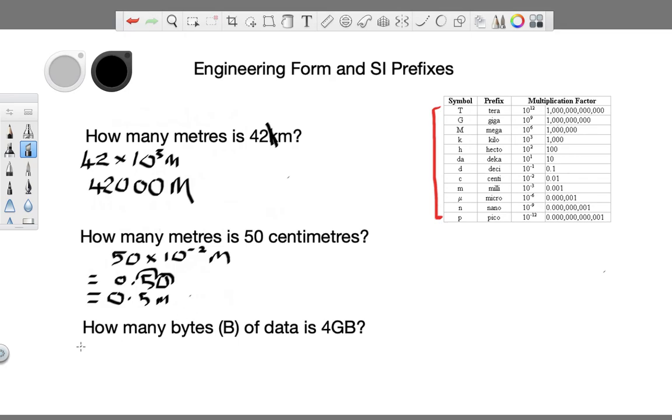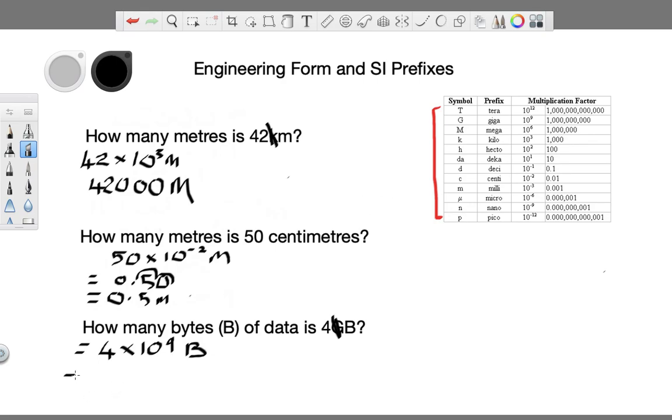So if we get this question, how many bytes of data is 4 gigabytes? Well, it's like before. We put the 4. We know that giga is 10 to the 9, so it's times 10 to the 9. Then we can get rid of the giga part, and we're left with B. So 4 gigabytes is 4 times 10 to the 9 bytes of data.